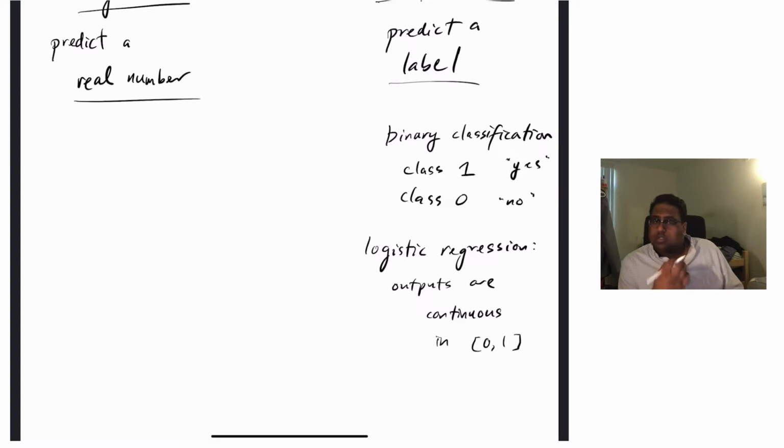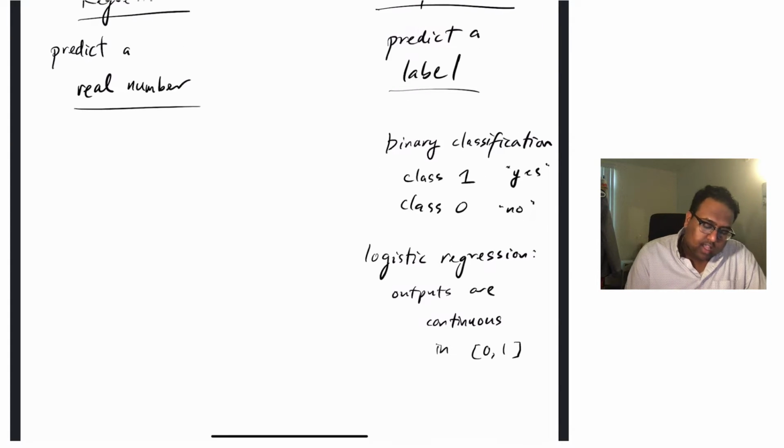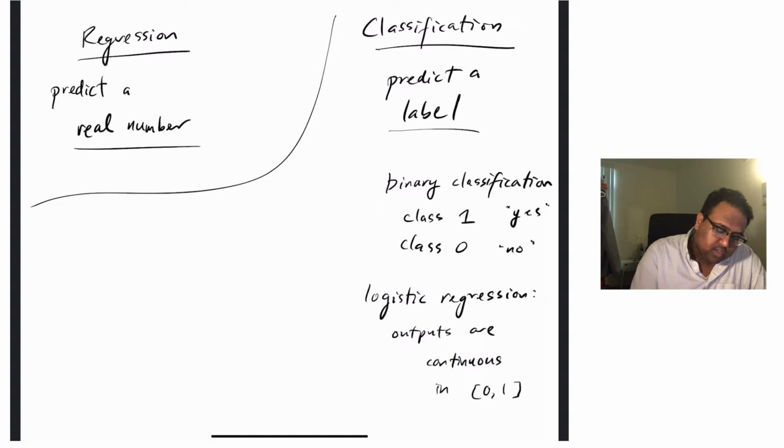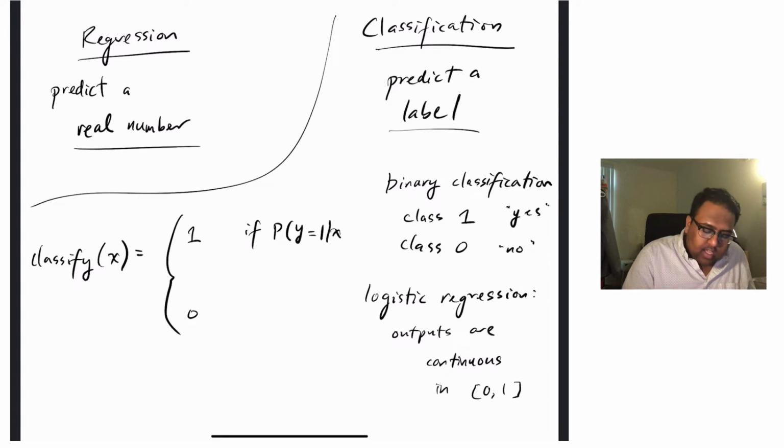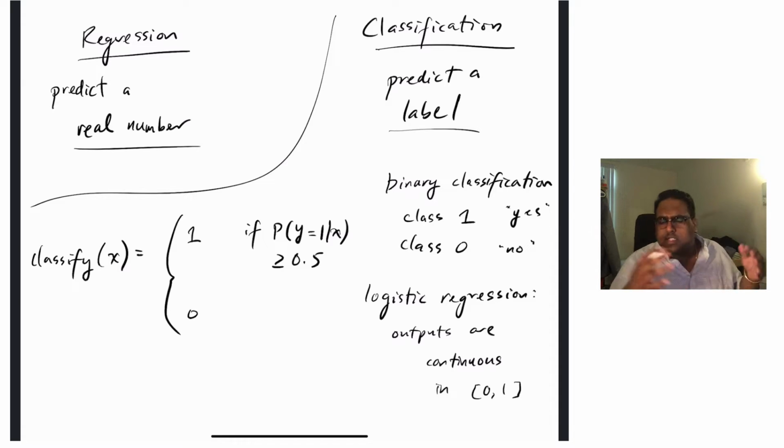So how we use logistic regression for classification is that we pair it with some decision boundary or a threshold. So our classifier, when we deal with logistic regression, is usually something like 1 if the probability that y is equal to 1, and we say y is our class label, given x is greater than or equal to 0.5, and 0.5 is just the example decision boundary / threshold that I chose, but it could really be anything.